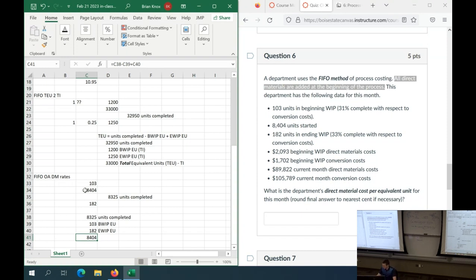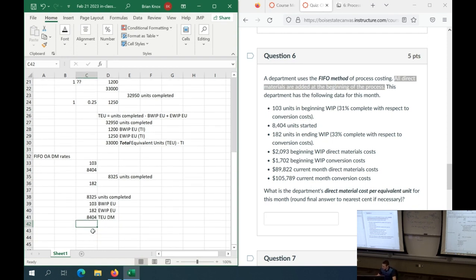So 8404 is not just by chance the units started. It is always going to be the case when you have direct materials, or anything where they're 100% complete in beginning WIP and ending WIP. Okay, so that's our denominator, and we have 89822.